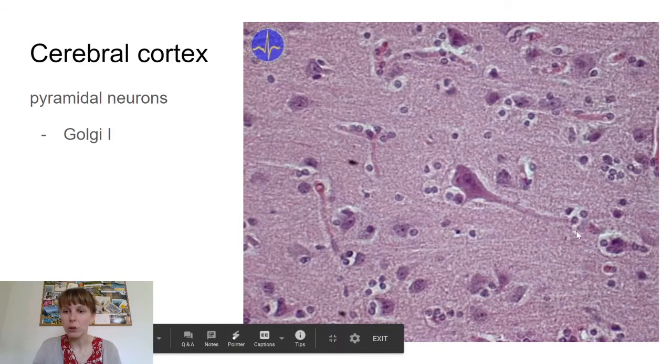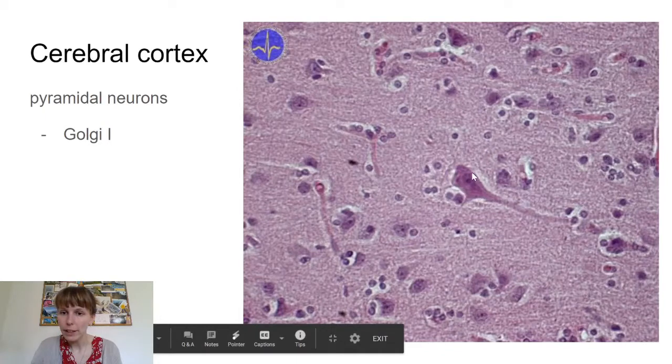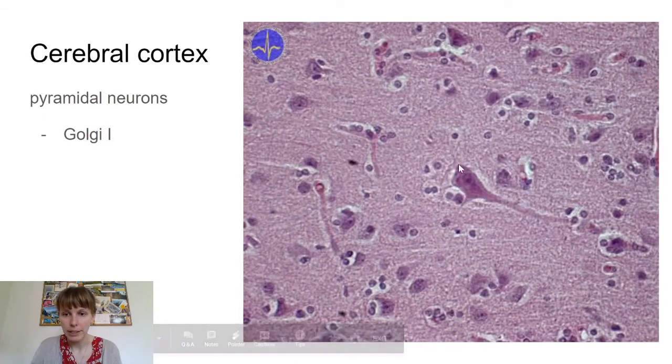And then the axons go away and go to the white matter as myelinated tracts headed somewhere else. So this would be a nice example of the pyramidal cell. It's named like this because usually it has a triangle shape, but it doesn't always have to be perfect. And you see the nucleus inside the cytoplasm with a nucleolus.